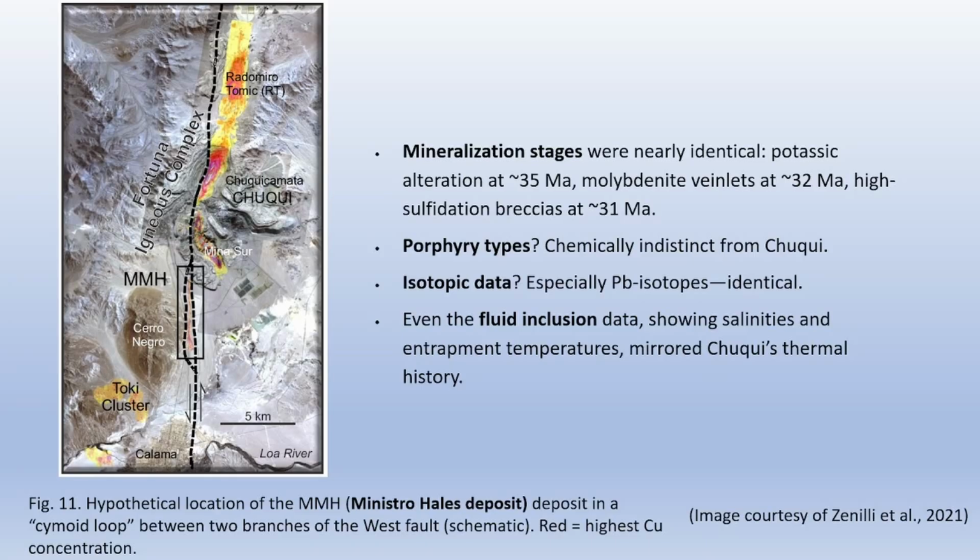And then there were geochemical signatures. MMH and Chuqui are geochemically twins. They have the same mineralization ages, 31 to 35 million years, the same lead isotopes, and the same salinity and temperature in fluid inclusion results. Even the high sulfidation ratios and molybdenite dating timelines match almost identically.